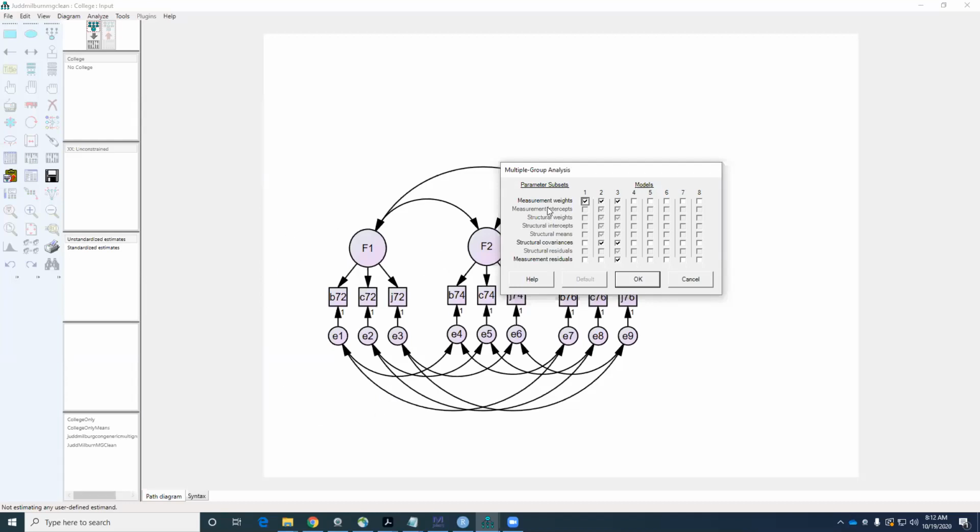So you'll notice that the measurement intercepts in the diagram are grayed out. I can't select those, but it does let me say, are my residuals going to be the same across the college and non-college populations? Are the covariances in the diagram going to be the same or not? And are the measurement weights, that is the factor loadings and any other arrows I have going on, going to be the same in the model?